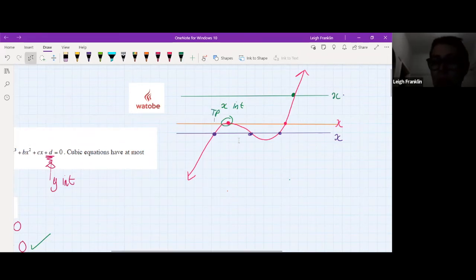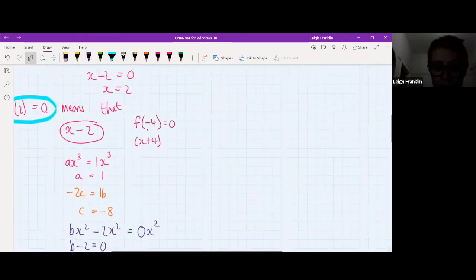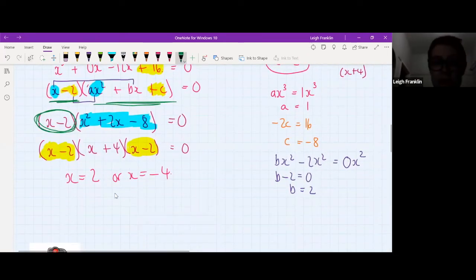Okay, now when that happens, you have a situation like this one that we've got over here, and this bracket that repeats itself, so the x minus 2, this over here is going to be your x-intercept that is also a turning point.